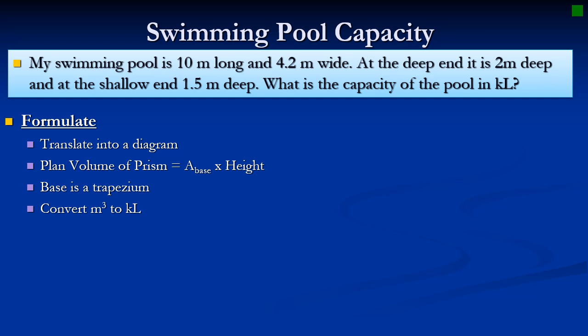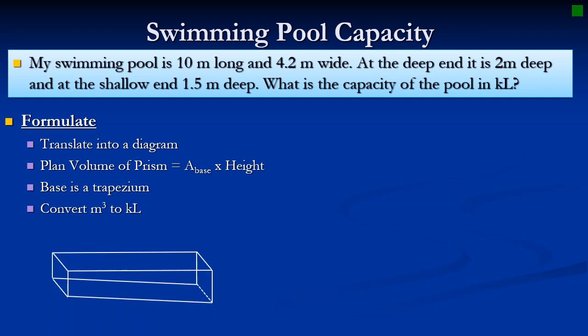So finally, my swimming pool is 10 metres long and 4.2 metres wide. At the deep end, it's 2 metres deep, and at the shallow end, it's 1.5 metres deep. So let's calculate the capacity of my pool in kilolitres. So my job is to translate this into a diagram. I need to remember that the volume of the prism is the area of the base times the height. In this case, the base is the trapezium, and convert cubic meters into kiloliters at the end.